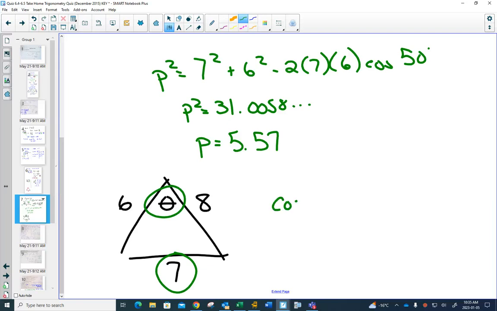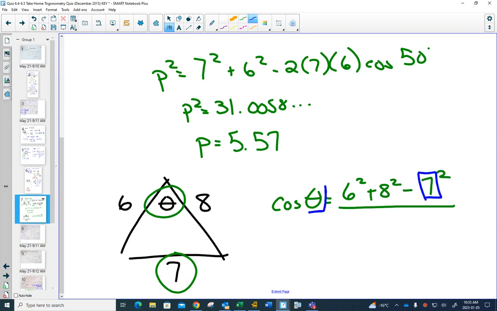So cos of theta, I'm going to have 6 squared plus 8 squared minus, and the 7 squared has to go there. Divided by 2 times 6 times 8.